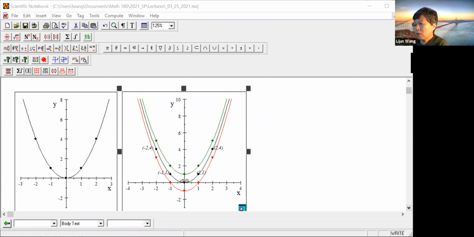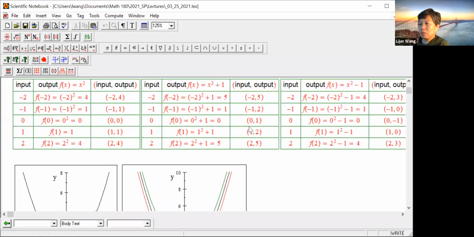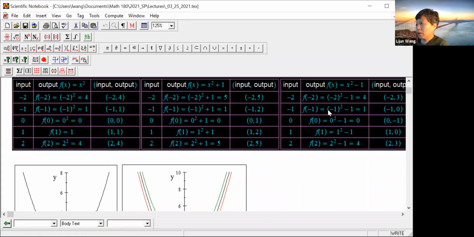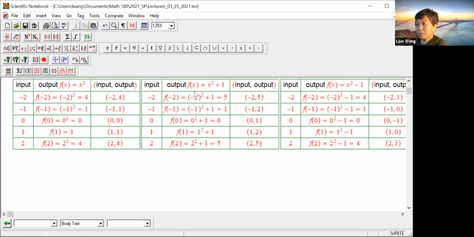The next one, we're going to do 3 tables as well. But these 3 tables are slightly different. Instead of x squared plus 1, we have x plus 1 squared.